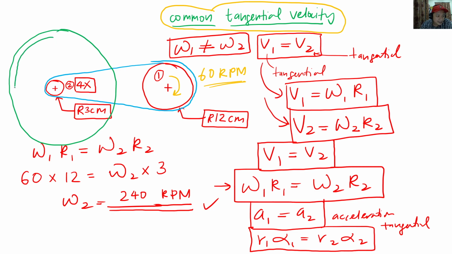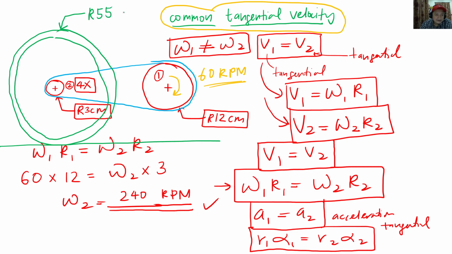This is the wheel which is rotating on the ground. Let's say this is the ground. So what is this tire radius? Let's see, the radius is 40, 45, 55 centimeter.